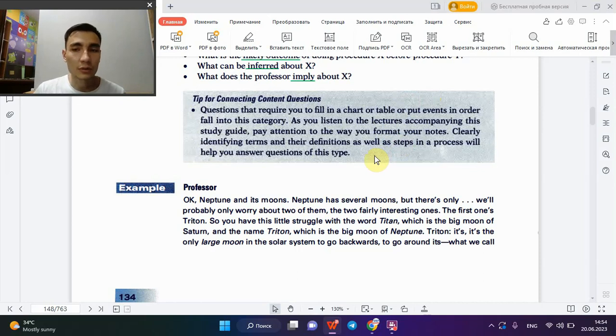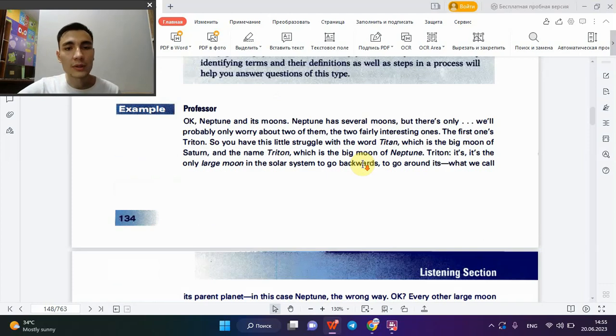Hamma savollarda ham notelarimizning to'g'ri javoblarni topishda ahamiyati juda katta. Clearly identifying terms and their definitions as well as steps in the process will help you answer questions of this type. Terminlar va ularning ma'nosini, protsessdagi bosqichlarni tushunish bu savollarga javob berishga yordam berar ekan.